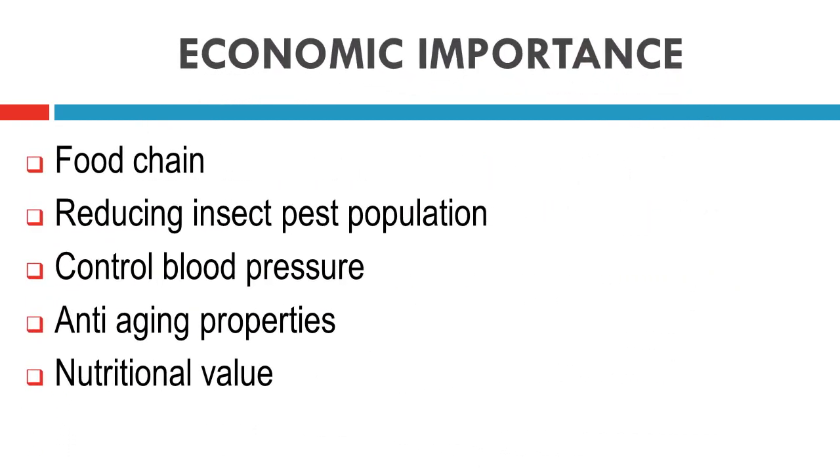So this is one of the most important questions, that is the economic importance of frog, right? So is there any economic importance from the frog? And surely there is a lot of importance from the frog. Let us see one by one. The first one is regarding food chain. Of course, you may know about the food chain, right? So each and every organism is interlinked with one another for its food purpose, right?